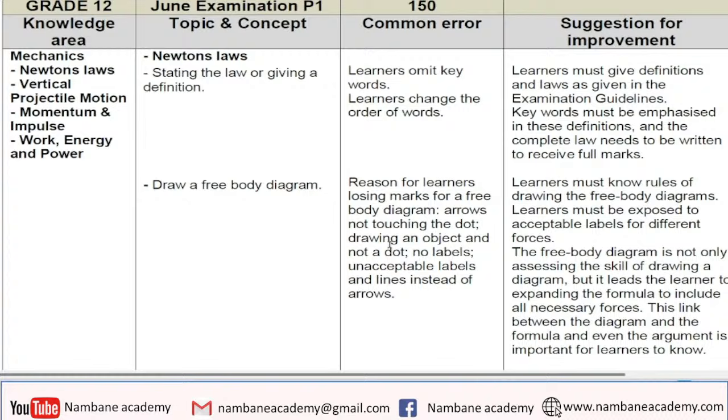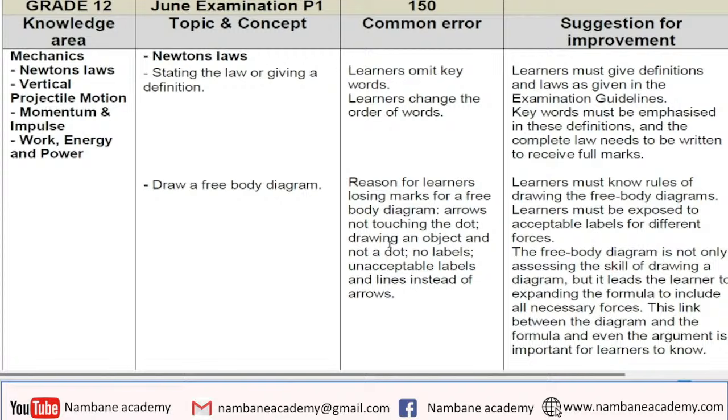What will be the variable? We will be told, for example, an angle has been increased. What will then happen to the kinetic frictional force, as an example? Or they will say the velocity has been decreased. What will happen to momentum? Such questions will always be there, and it is part of physical sciences.